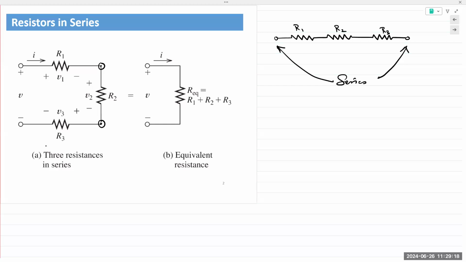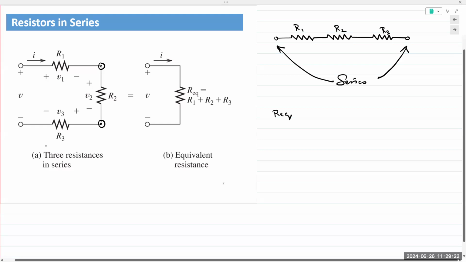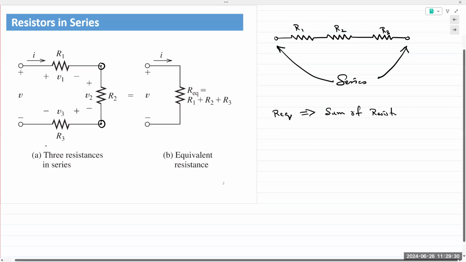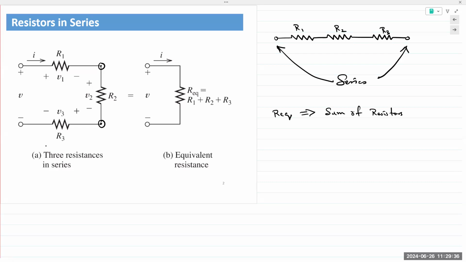And if we wish to find the total equivalent resistance between the outer terminals, it is simply the sum of all the resistors in series. There is a derivation. The derivation is from Ohm's law, right? We write out the individual voltages between all three of them and we sum them up.